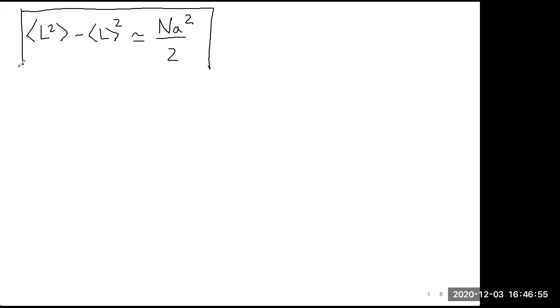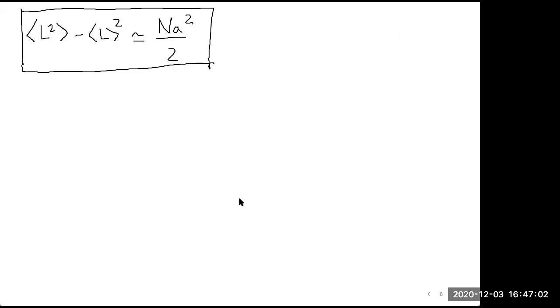So grouping all together, we get that the average of L squared minus the average of L, squared, equals, in this limit, I will write it as approximately equal, N a squared divided by 2. Okay, this is also an interesting formula. So the variance goes like a squared.